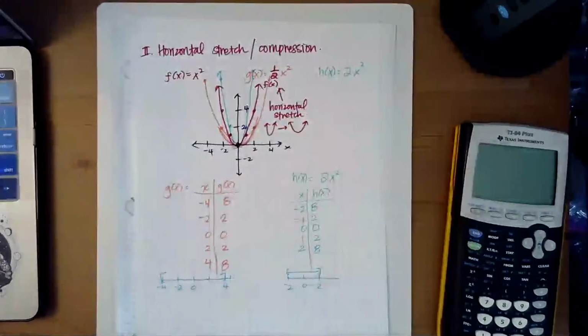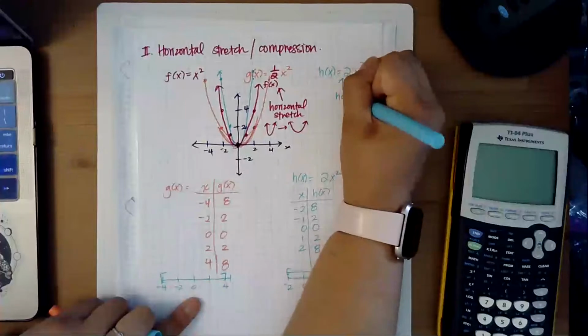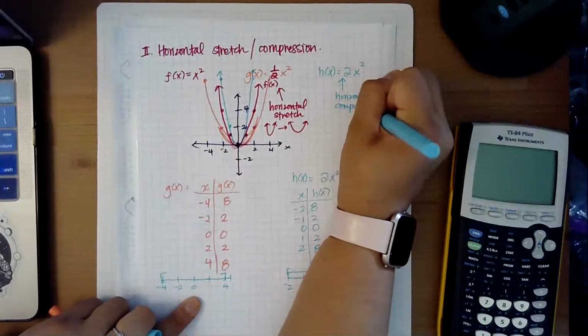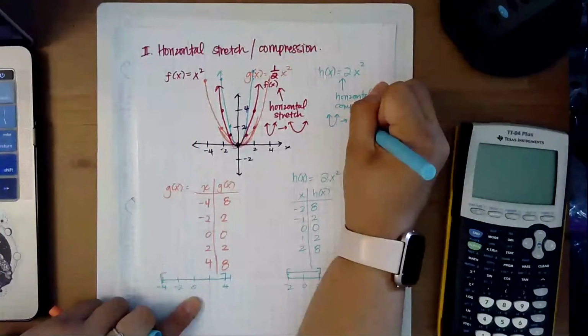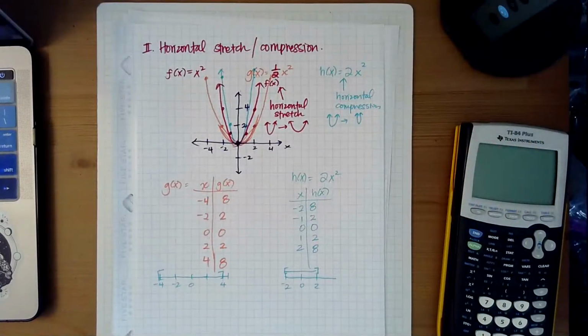And this guy here gave me a horizontal compression, which means my parabola, that's my parent function, went from that to much thinner, okay? So that's something we need to make sure we recognize.